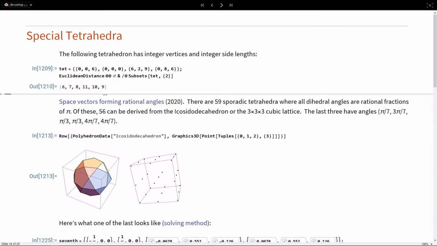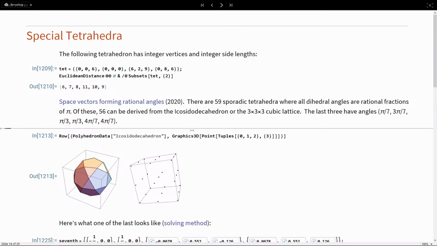There's always ways of making things more complicated, but usually if the edge lengths are on integer coordinates, things work out more neatly. And another thing, in addition to rational edge lengths, is whether the dihedral angles are rational in terms of pi.